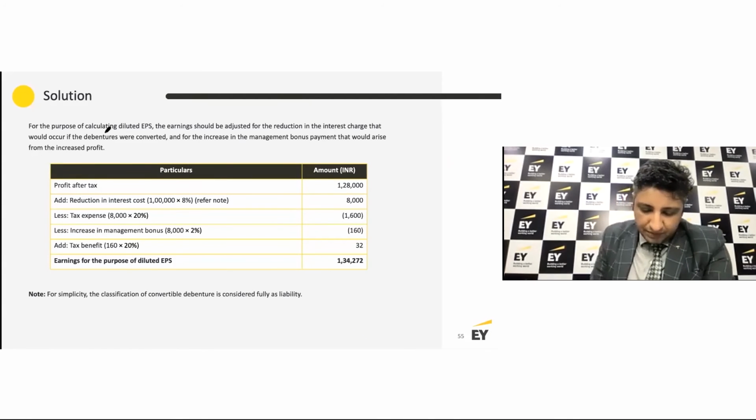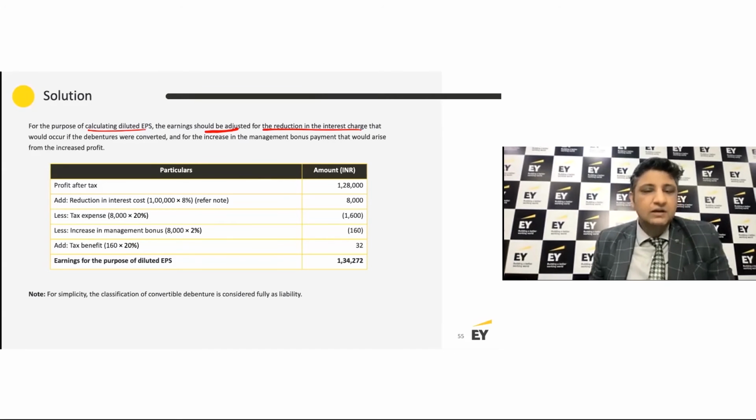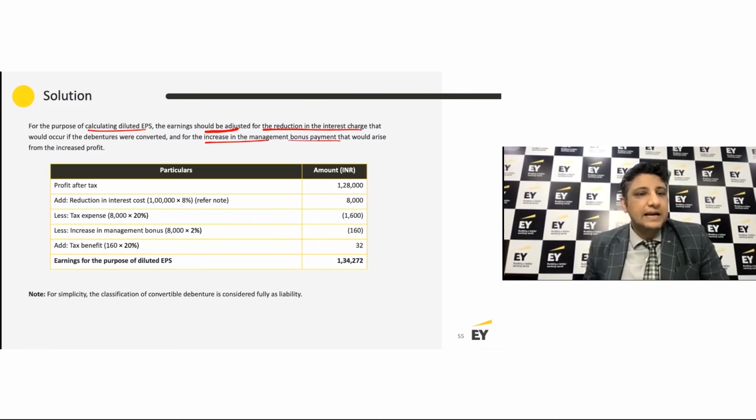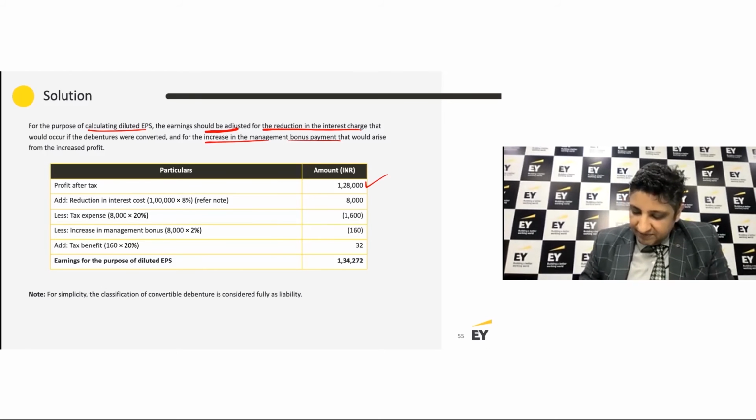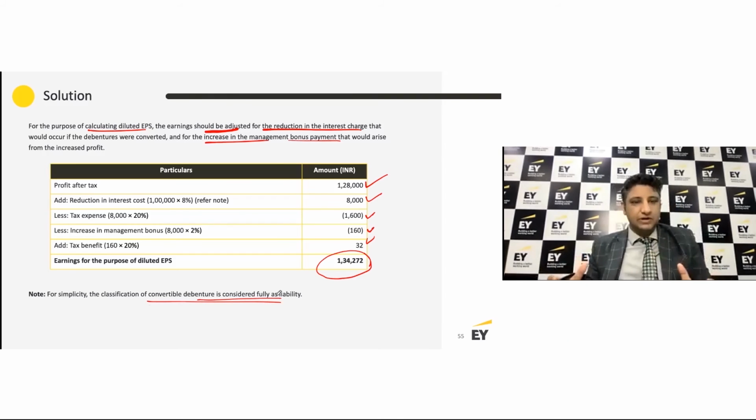We're saying that for the purpose of calculating diluted EPS, the earnings should be adjusted for the reduction in interest charges, net of taxes, and for the increase in the bonus payment, net of taxes. So this is what we have done. And all those numbers result in the final earnings for the purposes of diluted EPS at 1,34,272. Importantly, we have not split that convertible debenture into liability and equity portion.